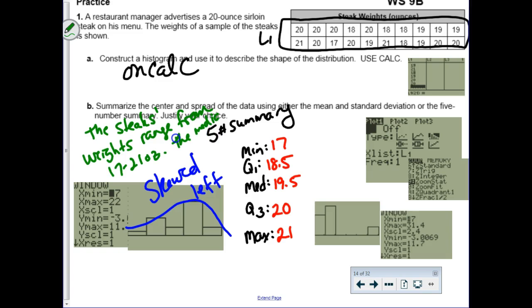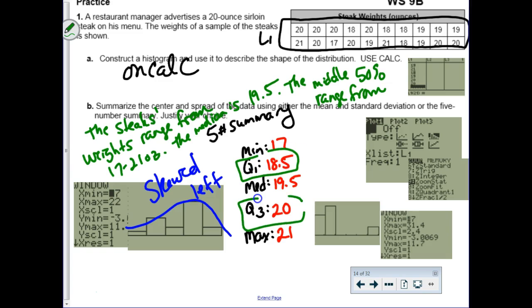The median is 19.5, and the middle half, or middle 50%, goes from Q1 to Q3. So it ranges from 18.5 to 20.